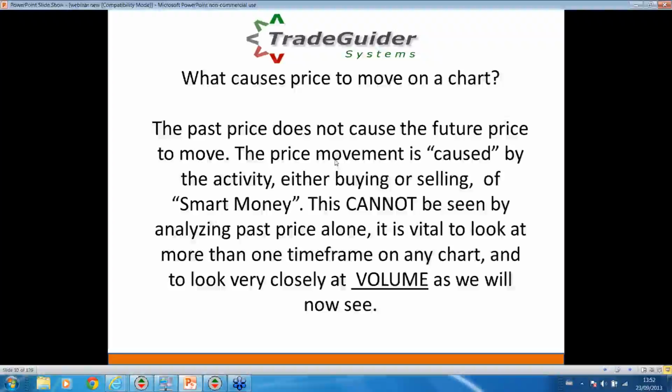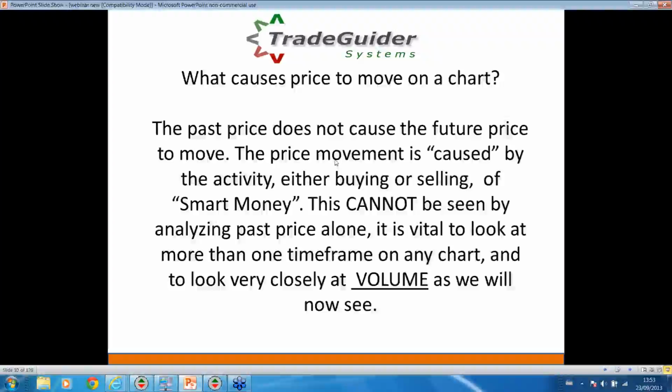Before we start getting into the key principles, I am going to talk about accumulation and distribution. But remember, the past price does not cause the future price to move. The price movement is caused by the activity, either the buying or selling of smart money. This cannot be seen by just analysing past price.